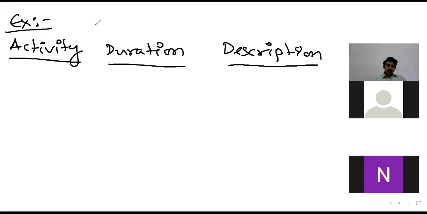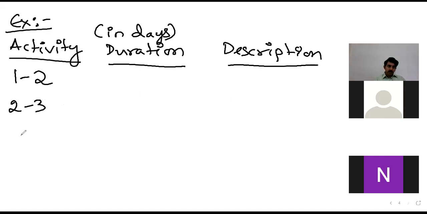We'll consider the same activities which we considered in our previous class, since we know what exactly that particular project is all about. So first is 1-2. We'll have 2-3, 3-6, 3 dash. Just a minute.